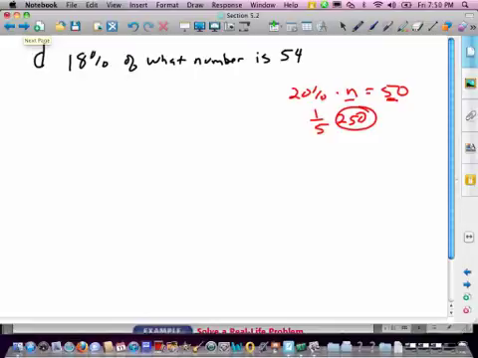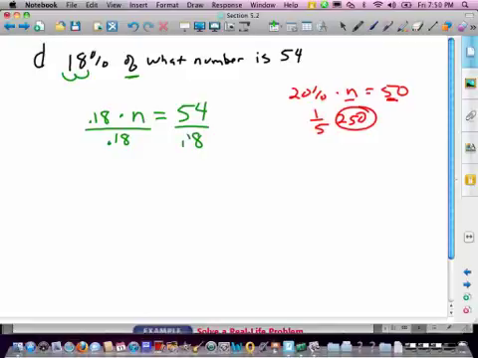So 18% is 0.18. Move that decimal 2 places. "Of" kind of means times, so we look for a times. A number equals, "is" always means equals, 54. If I divide by 0.18 on both sides and punch that into my calculator, I get exactly 300. There's quite a bit of difference there.